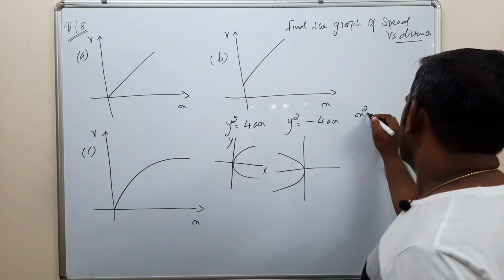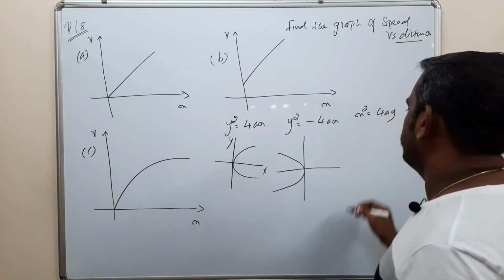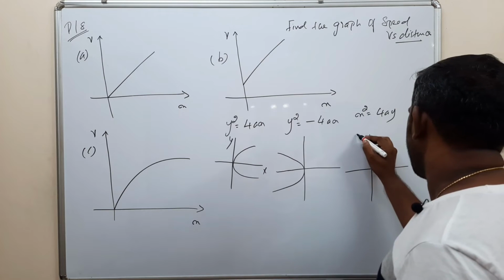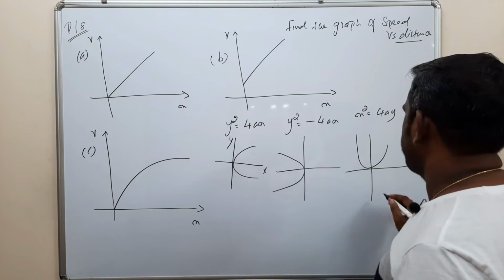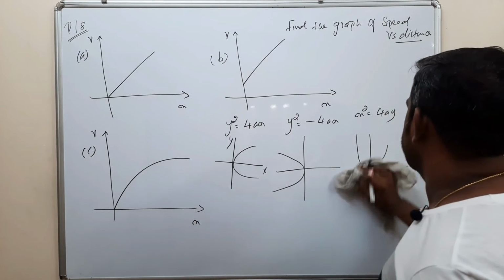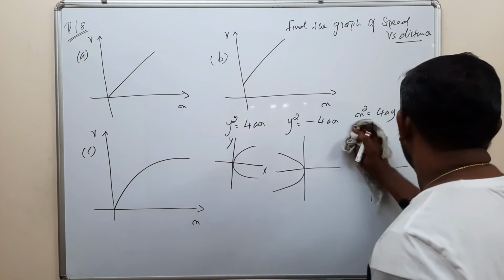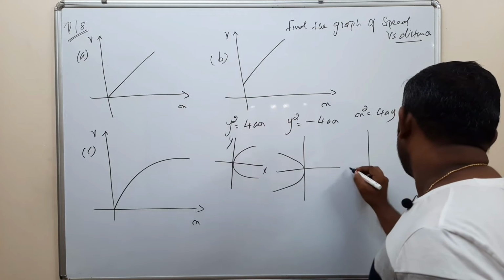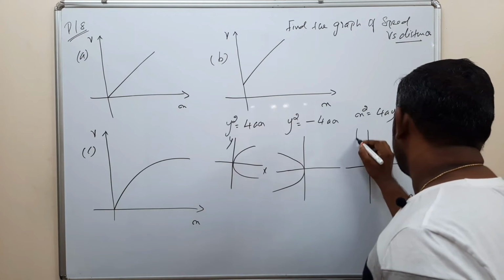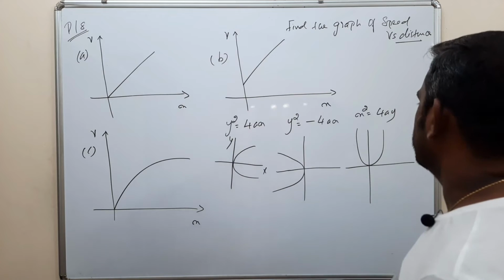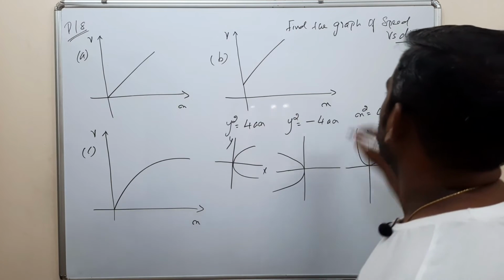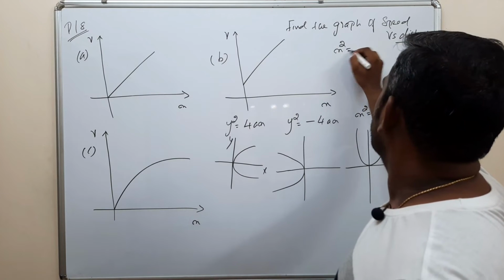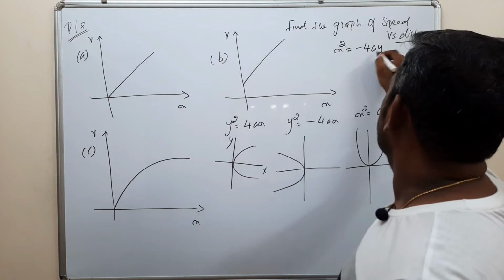Then x square is equal to 4ay, and x square is equal to minus 4ay.